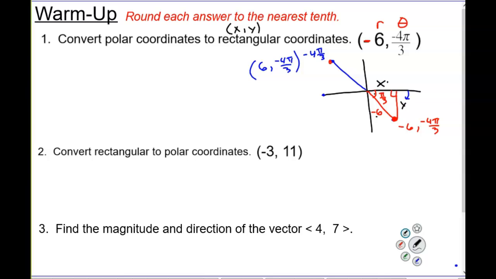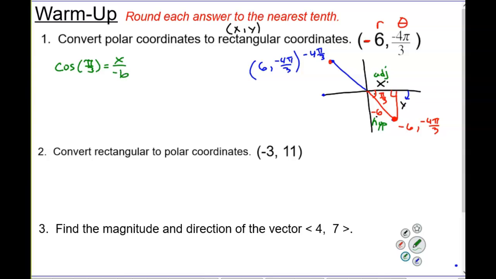But how would I find the x value? Well, I have the radius, which is the hypotenuse, and I want to find x, which is the adjacent. So I could do cosine of the angle π/3 equals x over the radius.